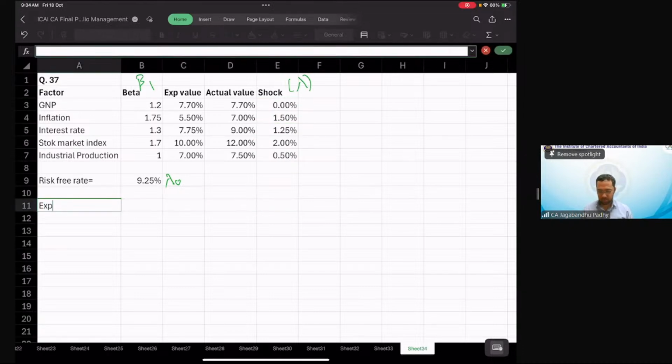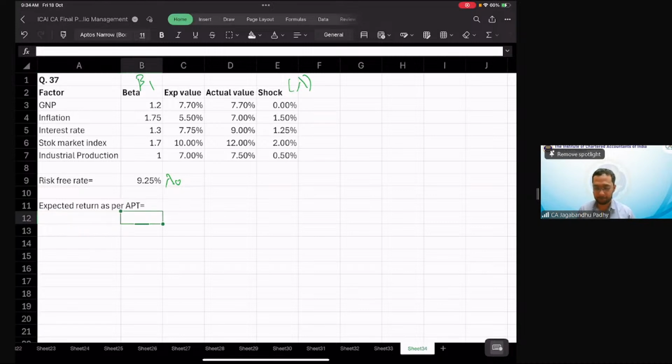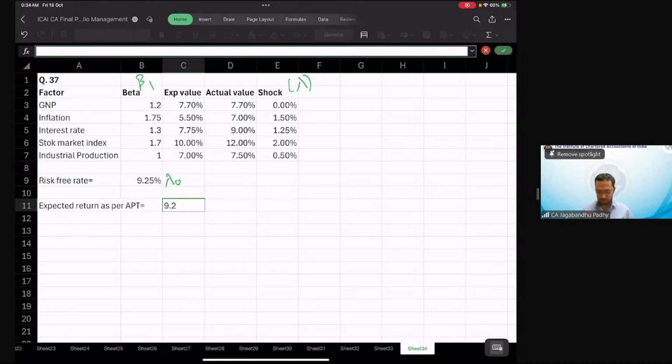Now, expected return as per arbitrage pricing theory will be simply this 9.25% plus 1.2 beta multiplied by shock of 0% plus 1.75 beta multiplied by shock of 1.5% plus 1.3 beta multiplied by shock of 1.25% plus 1.7 beta multiplied by shock of 2% plus industrial production beta 1 multiplied by shock of 0.5%.